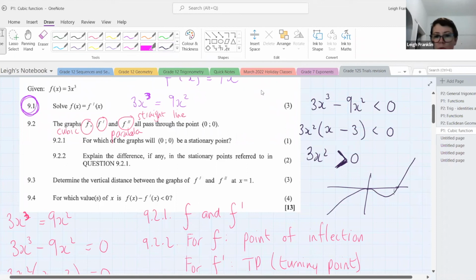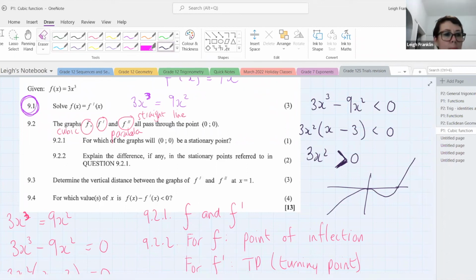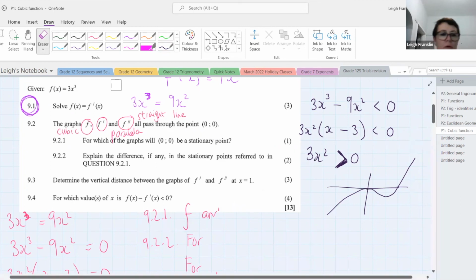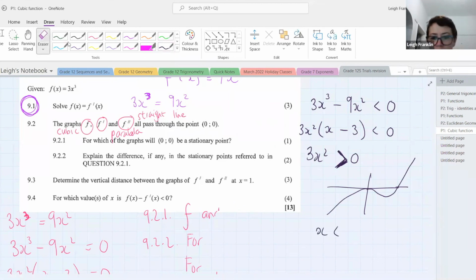Oh, sorry, hang on, we've got to work with that bracket there. We would end up with x minus 3. Oh, I'm so silly. x minus 3.